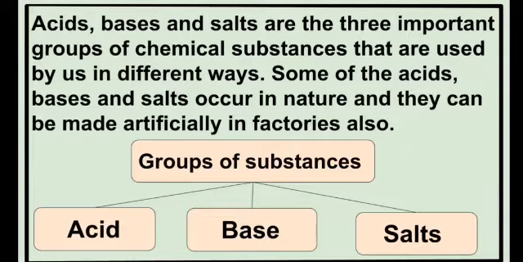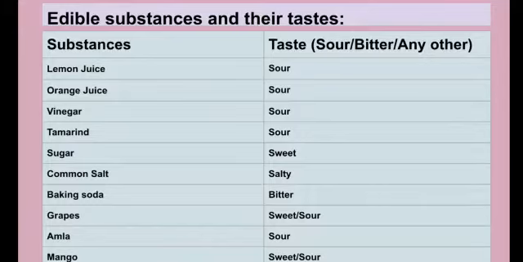The substance which is sour in taste is called acid and the substance which is bitter in taste is called base. And salts, as we know, the taste of salt is salty only. Correct?